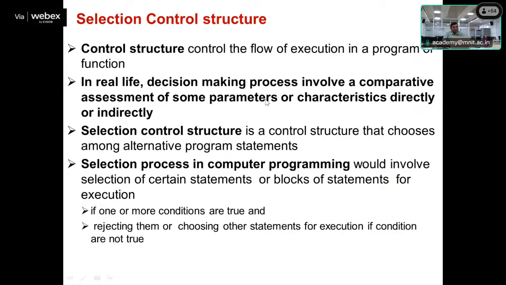So in the case of selection statements, decision making statements, we are also required to take some decision based on an assessment of some parameters. If one or more conditions are true, we can perform, or if some conditions are not true, we can reject them, or we can choose other statements for execution depending on the condition.